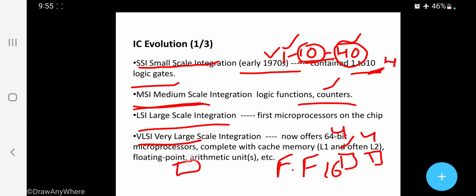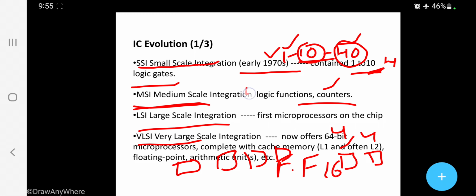Suppose 4 flip flops are required to implement one counter. 4 into 16 gives 64 transistors. Like that, as the size of the counter increases, the number of transistors increases. So medium scale integration can be 40 to 400 transistors only.